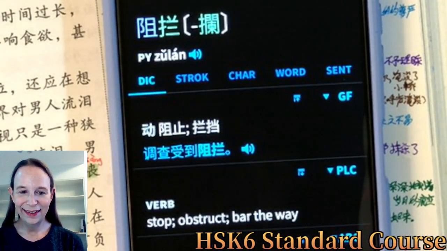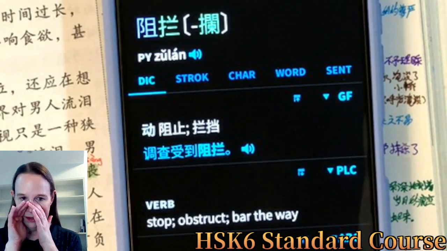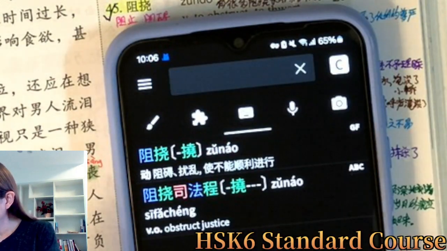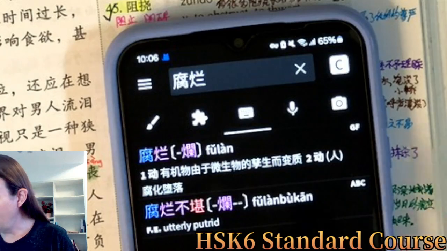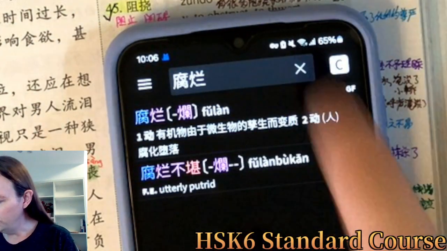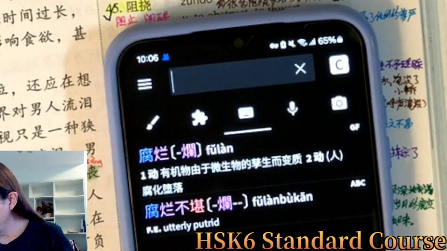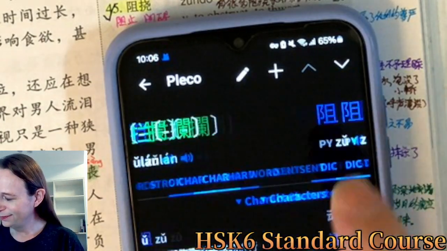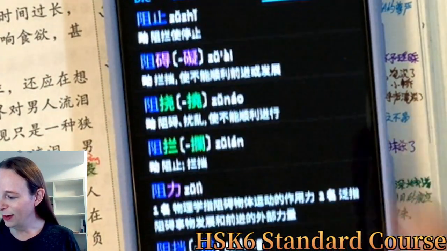Really? Maybe I'm mixing it up with the 腐烂的烂. Okay, 腐烂的烂 is 4th tone, and 阻拦的拦 is 2nd tone. Sometimes I get them wrong.